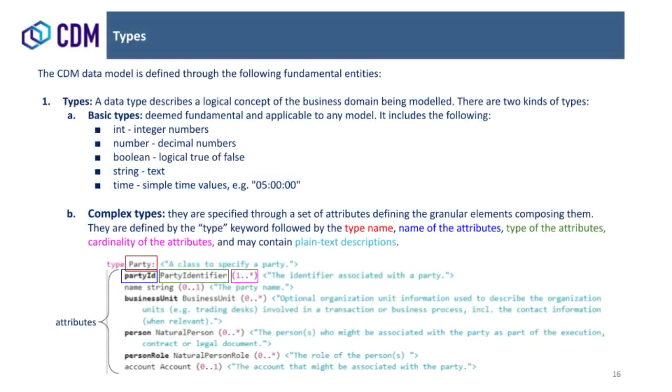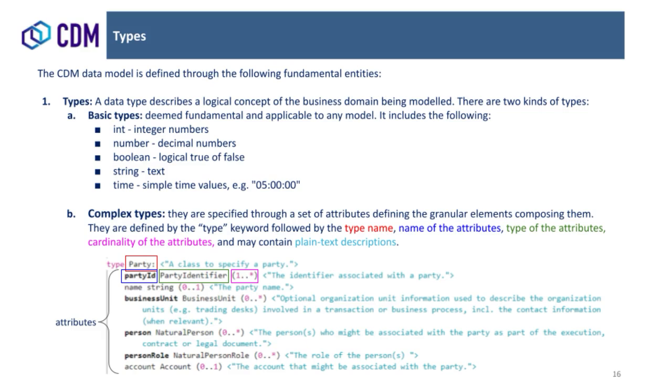The first thing you'll see in the CDM is the type definition. It is very similar to a type structure if you are familiar with those. Rune as a DSL syntax defines the name of the attribute, the type, and then the cardinality. As you are techies, you understand this. It's not very different to other definitions.